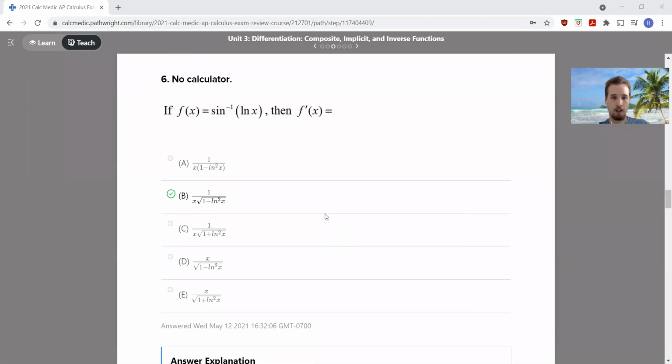Okay, another inverse trig. You can't escape. I'm sorry, you can't escape these inverse integrals. So if you normally have a derivative of inverse sine, well, that's going to be 1 over square root of 1 minus x squared.